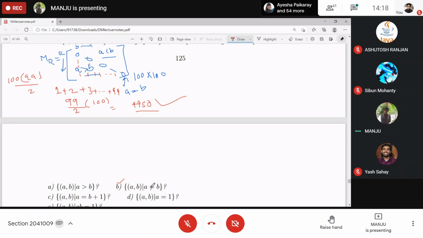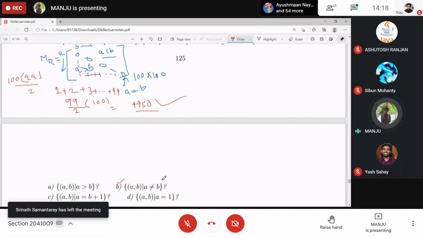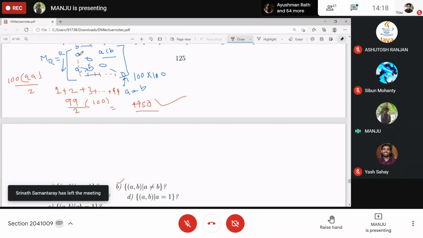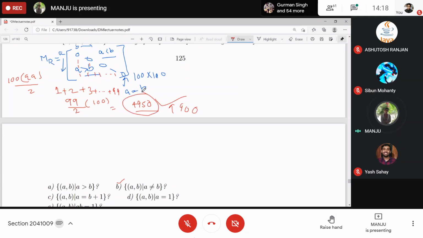At diagonal we have A equal to B, and at non-diagonal entries A not equal to B. This means at diagonal we have 0, otherwise 1. So it is n square minus n, 100 square minus 100, which will give you 9900, or you can double it up and get the same answer. Clear? The cardinality of this set, or the number of non-zero entries in the corresponding matrix, is this one.